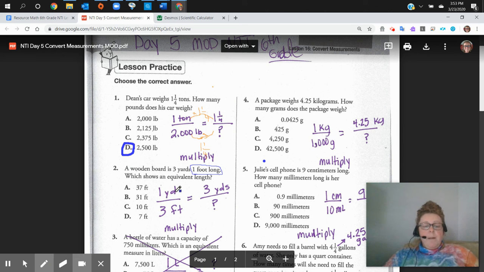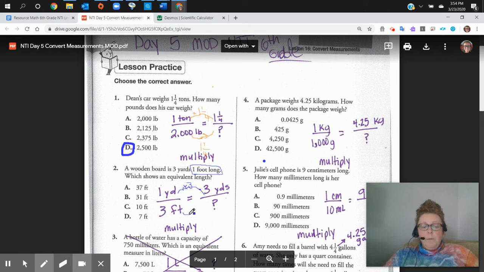So I ask myself, what do I have to multiply 1 by to get to 3? And hopefully everyone right now at their house or who's watching this video says, oh, multiply by 3. That's right, because 1 times 3 equals 3. Now, what I do to the top of a ratio, I have to do to the bottom too.